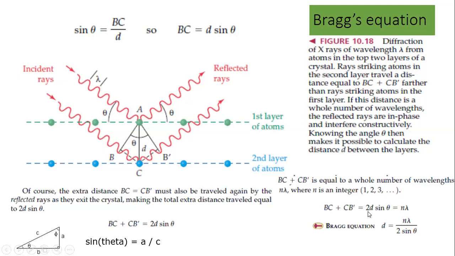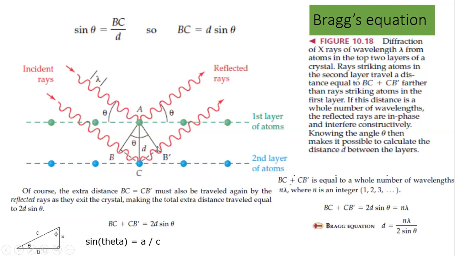So that means 2d sine theta will be equal to n lambda. So d you can calculate from this equation, by dividing by the n lambda. So this is the simple formula.